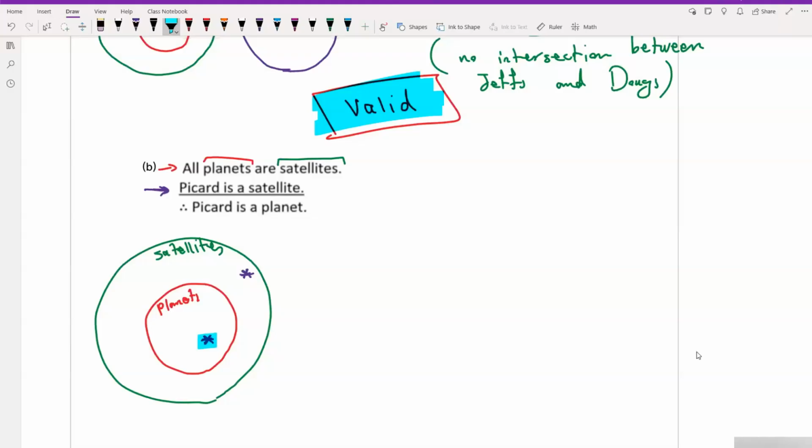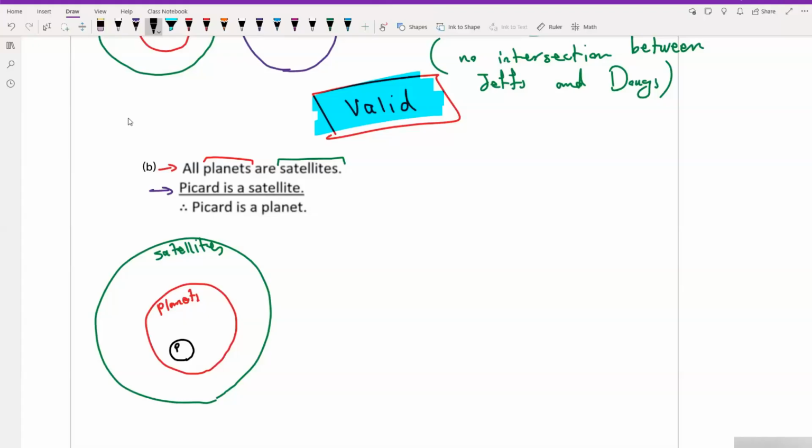If we have this one, the answer is true. The answer is correct for the conclusion. But what if we had our Picard here inside satellite, but not inside planet? So this means the conclusion is not correct.